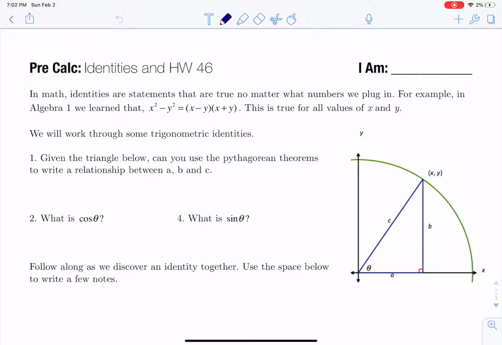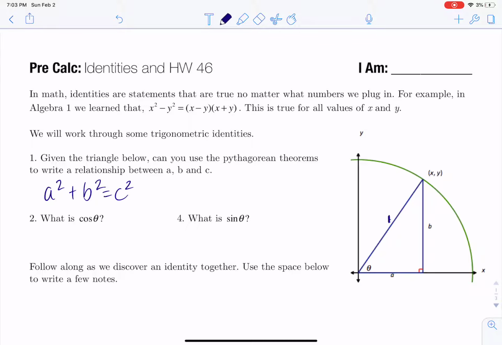So we'll fill in and work through these together. It says, given the triangle below, can you use the Pythagorean theorem to write a relationship between A, B, and C? And we know that A squared plus B squared is equal to C squared, knowing that that's a right triangle.